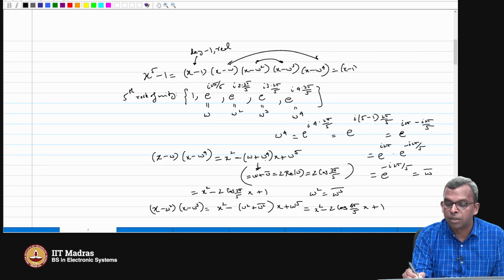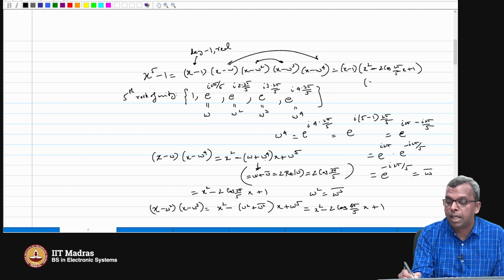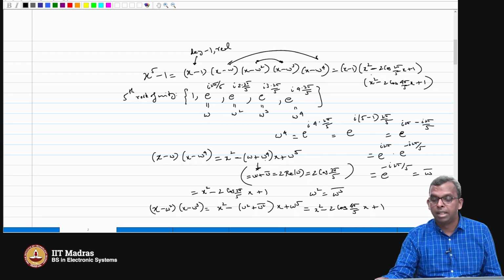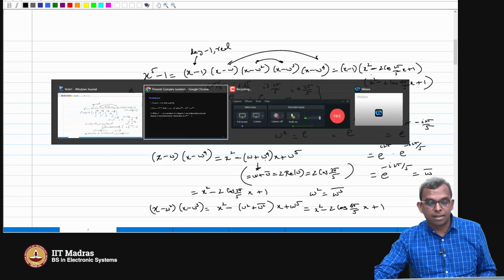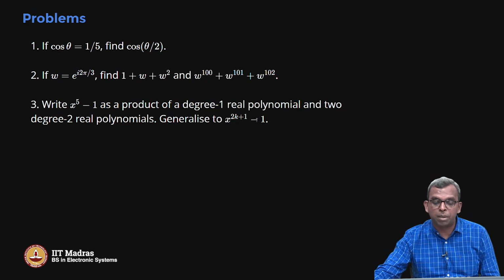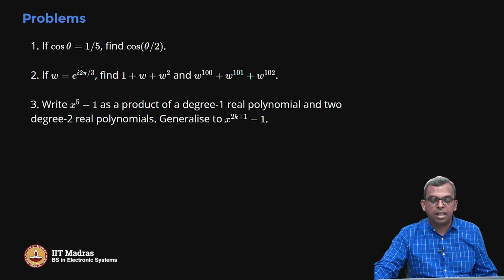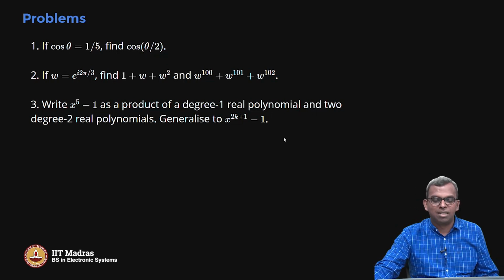You will just get x minus 1 into x squared minus 2 cos 2 pi by 5 x plus 1 times x squared minus 2 cos 4 pi by 5 times x plus 1. This is a very nice relationship to have, and one can generalize it to x power 2k plus 1 minus 1. You will get x minus 1 times the product of k degree 2 polynomials. You just identify the complex conjugate pairs, multiply them together, and you will get that. I hope this is clear.